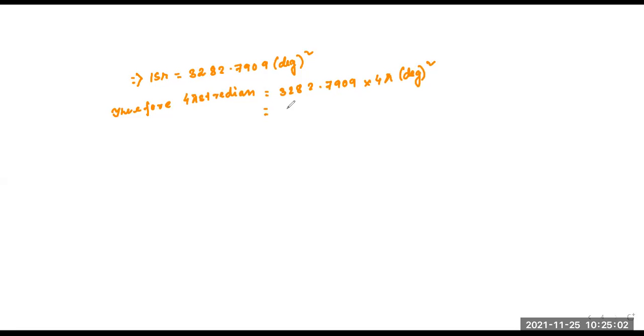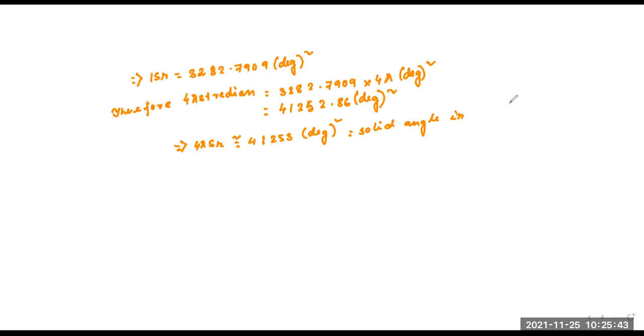If I do the multiplication, we will get 41252.86 degree square. So we can write 4 pi steradian is near about equal to 41253 degree square, that is the solid angle in a sphere.